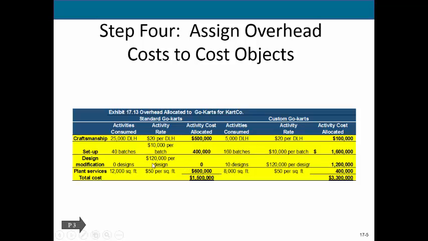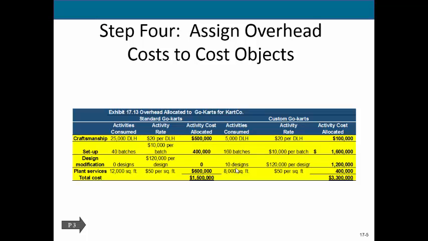You can see here the standard go-karts, we designed them at one time and we can continue using that design. However, with the custom go-karts, we're having to constantly redesign these. So all of the activities related to design are going to be assigned to the custom go-karts. So 100% of the cost related to design is going to fall on the custom go-karts.